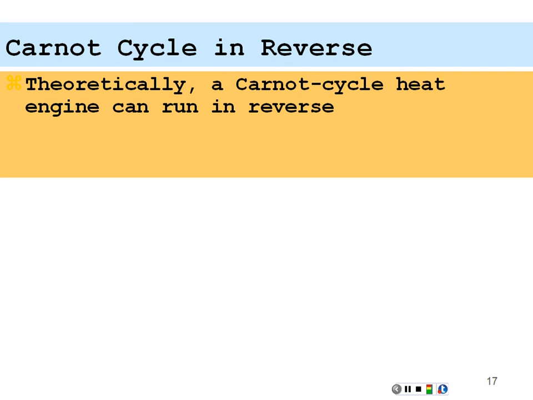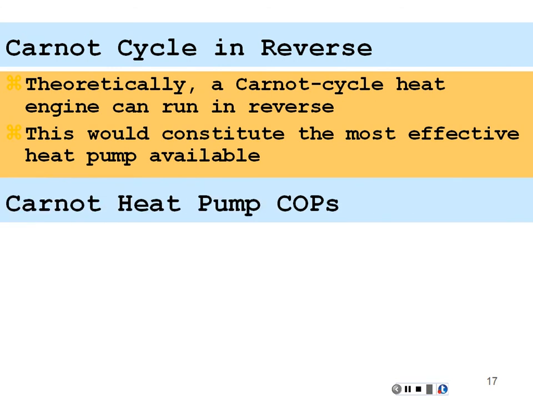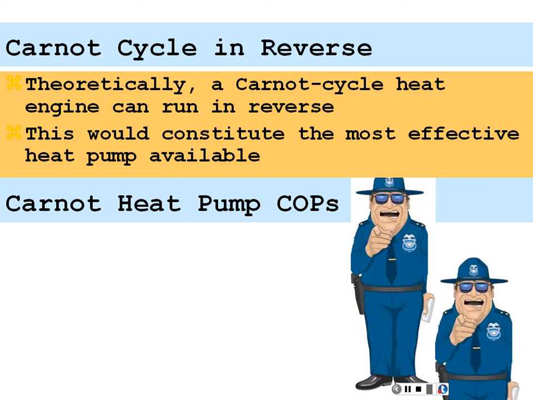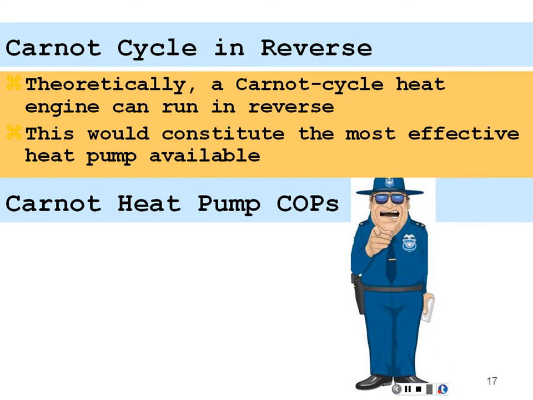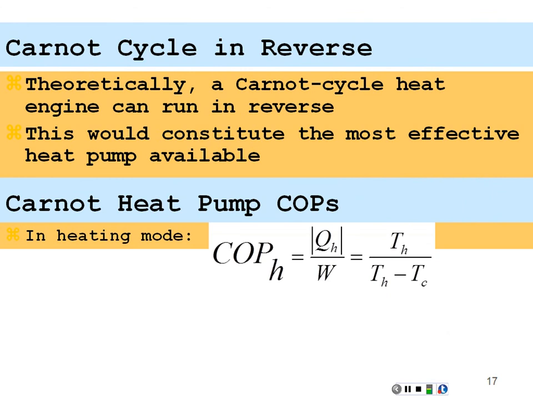Theoretically, we can run our Carnot engine in reverse. This would constitute the most effective heat pump possible. So our Carnot heat pump has coefficients of performance, COPs, 2 of them. In heating mode, our coefficient of performance is what we hope to gain over what we got.